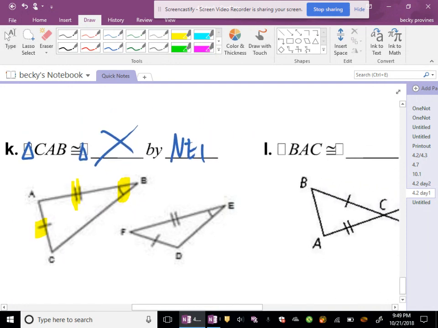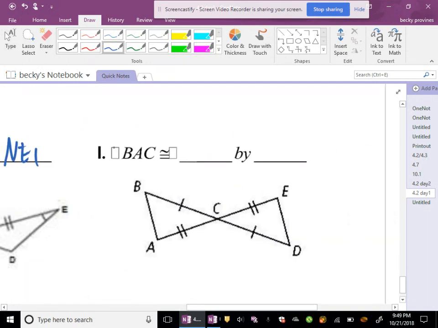All right, so on letter I, I only see 2 things given, 2 sides, so I need to find something else. And there's vertical angles here in the middle. So you have 2 sides and an angle. You have the choice of, no, really, there's not much choice. You have the choice of donkey or SAS.